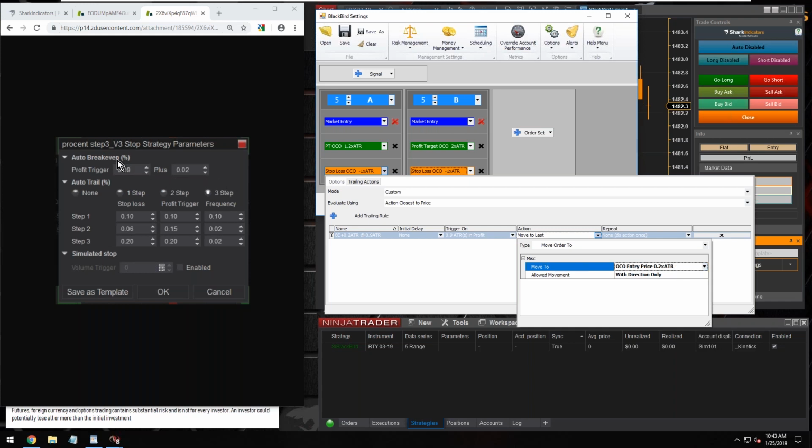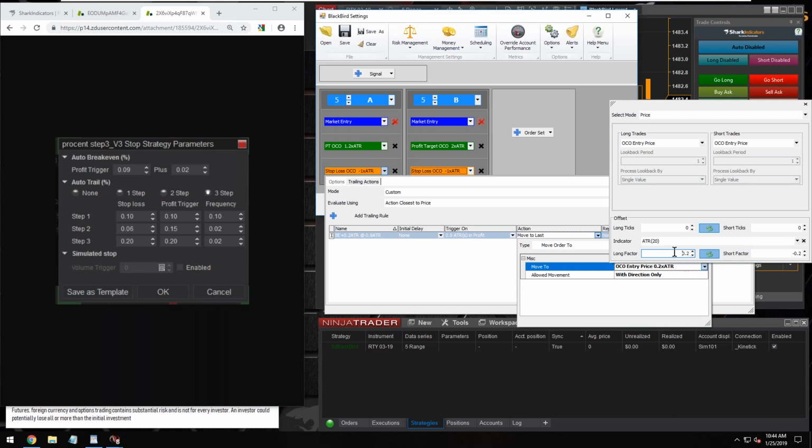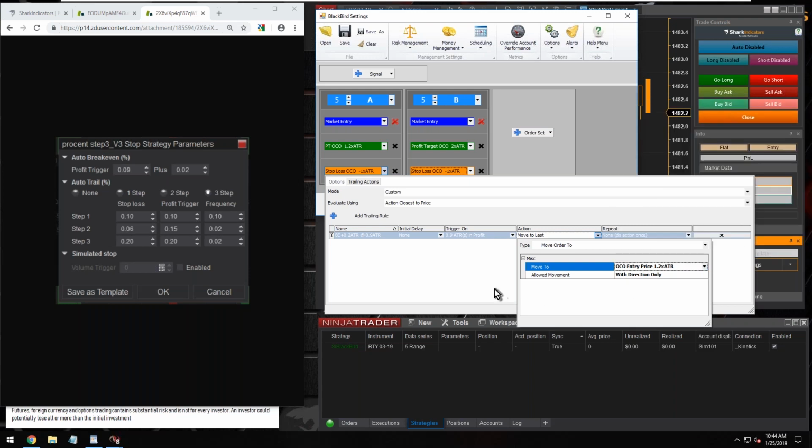Now, just to expand upon this, if you chose to use a plus, say, negative 0.02%, a negative plus, then in BlackBird, you would just do the same thing. Just put a negative symbol in front of your offset there. So, all right, so do that.